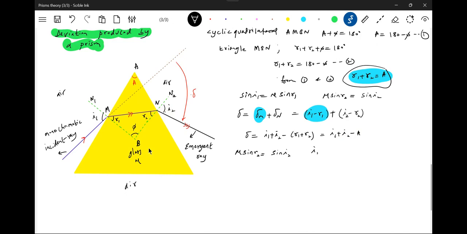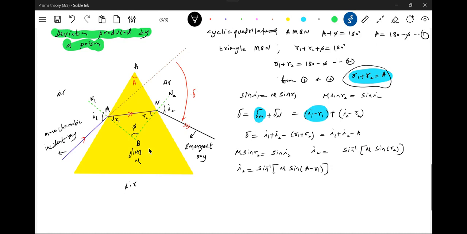So therefore I2 is equal to sine inverse of mu sine R2. And R2 will be A minus R1.